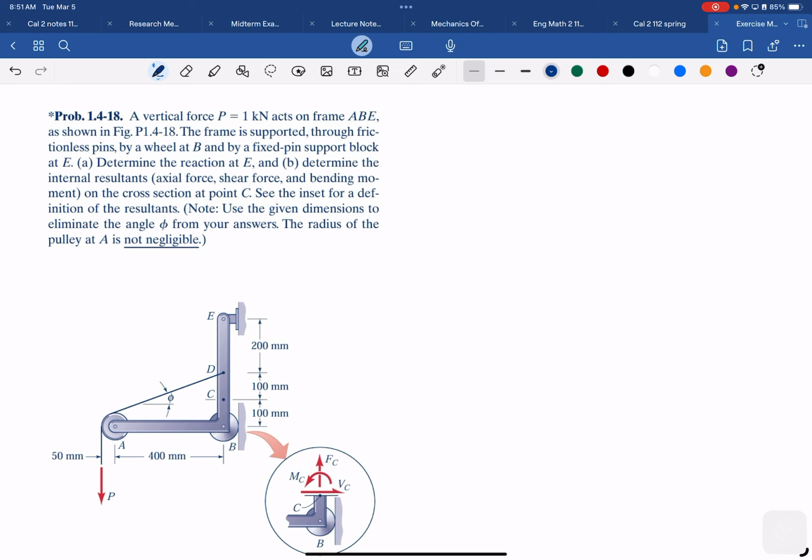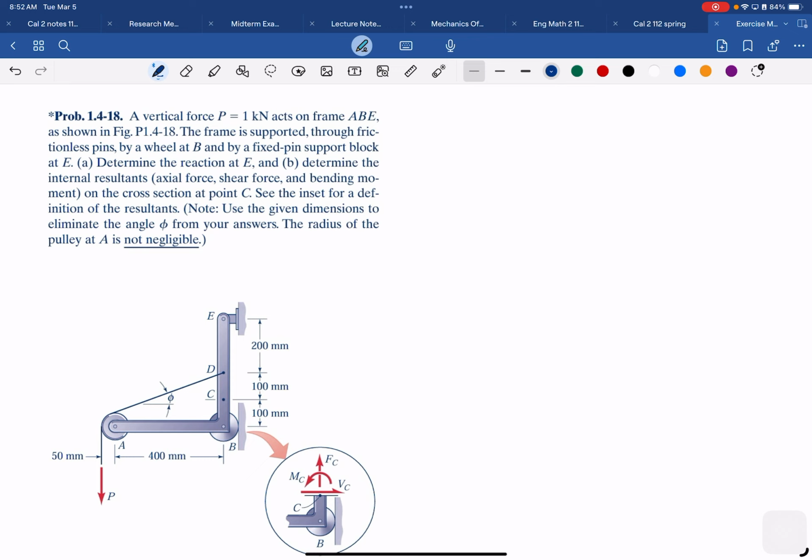So you have the frame and it's giving you an angle here, and then we need to determine first its reaction at this E and B, on the E, and B determine the resultant at C, and then what else? I think that's the question. So I think we can start.